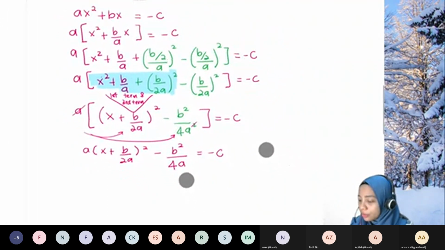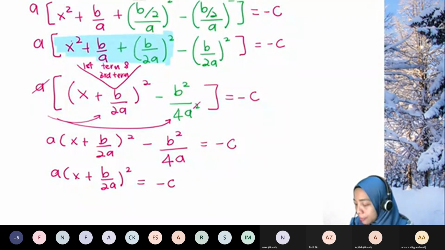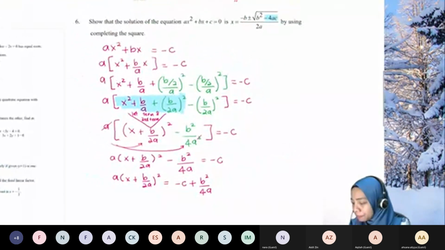You continue. Okay. A X plus B over 2A square equals negative C plus B square over 4A. So sekarang kita nak compare dengan apa ni? Okay. Alright. Dia nak X, dia nak X. So kita pindahkan.